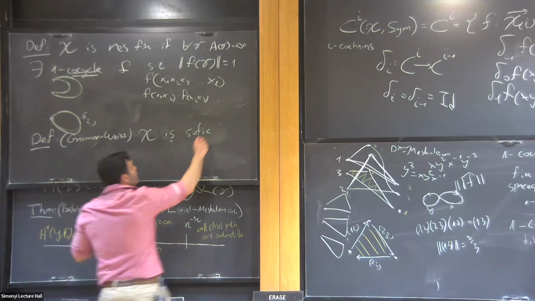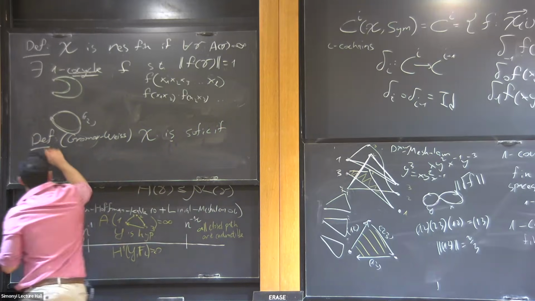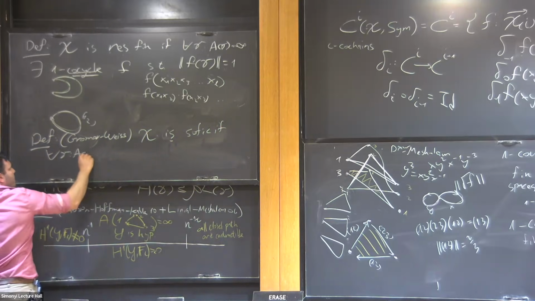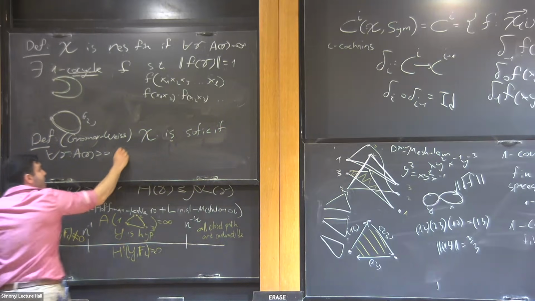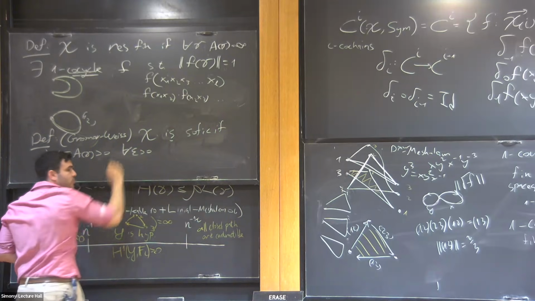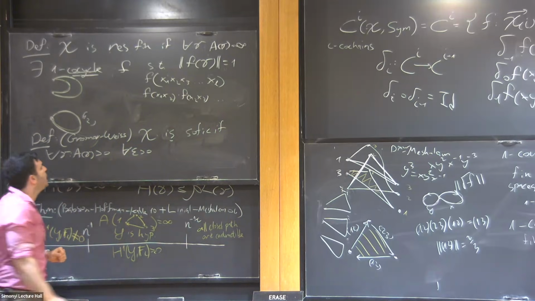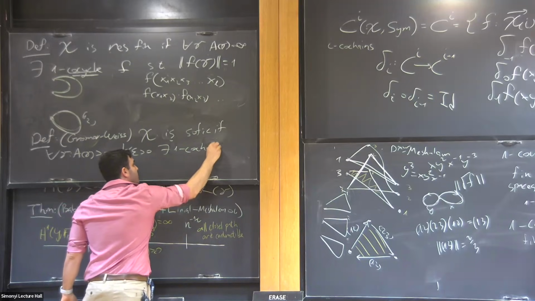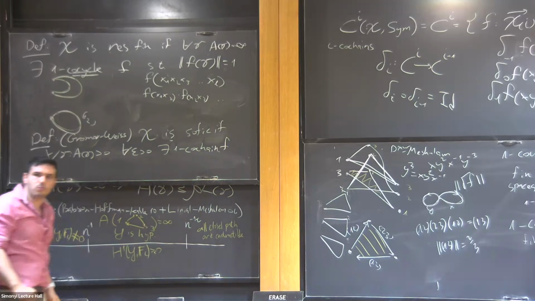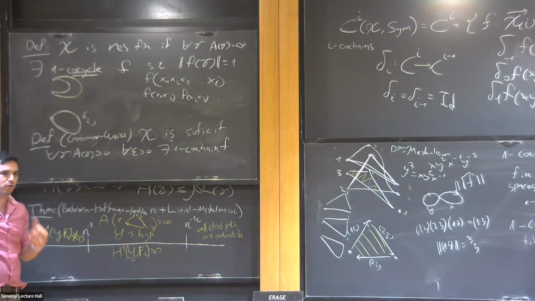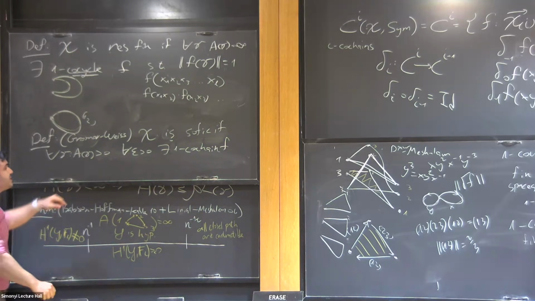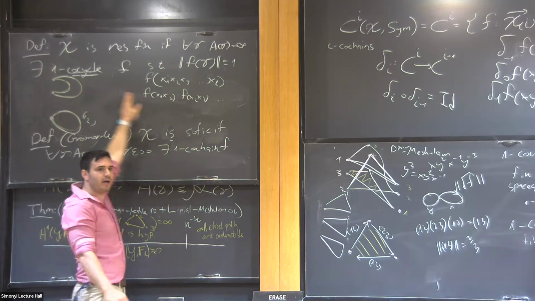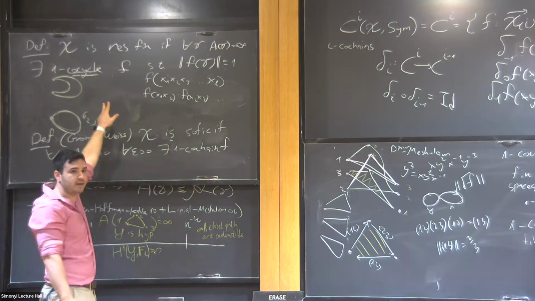And again, here, for every gamma which has infinite order, and for every epsilon larger than 0, there exists a one cochain F. Now I don't require a one cocycle. That's very important for me. But I will require something about this one cochain F. Before, I required that F is a one cocycle.